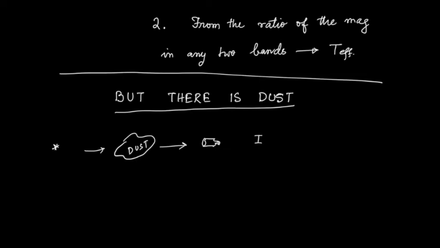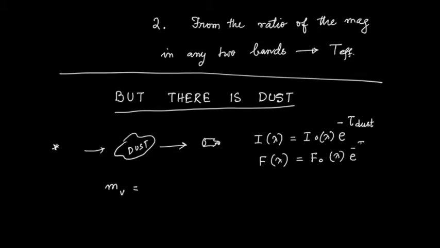So if I consider the intensity that I receive as I lambda, this is I0 lambda of the star, times e to the minus tau of the dust. Now remember that I can write this in terms of F also, flux, in case of the point source. We are dealing with point sources now only, because for point sources the intensity tells me the flux.